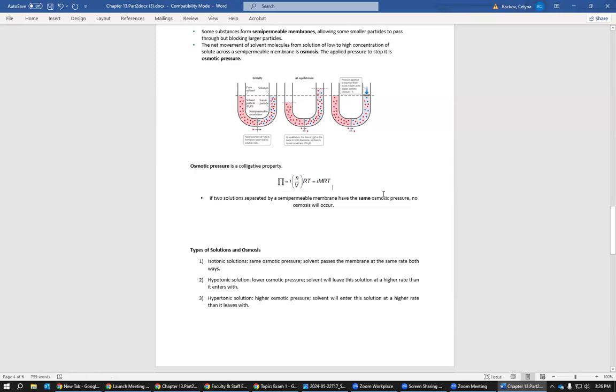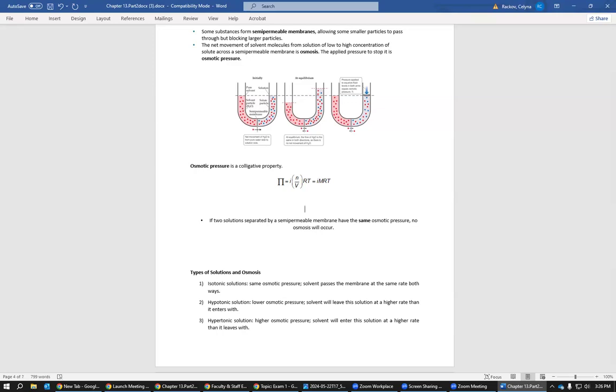It's molarity, right? So you can write this formula as pi equals i times molarity times the universal gas constant times temperature in Kelvin. If you choose solutions separated by a semipermeable membrane that have the same osmotic pressure, no osmosis will occur.